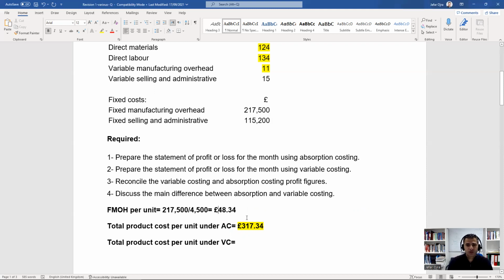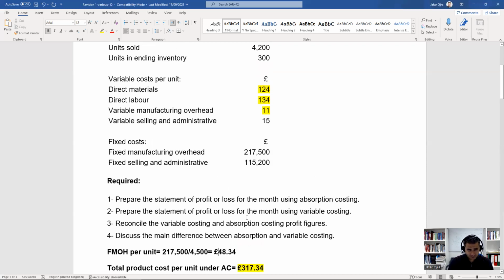So you need to include all the variable elements: material cost, labor cost, and variable manufacturing costs. These three, you add them all.